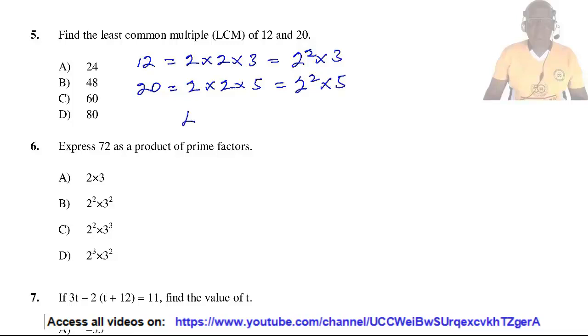Now the LCM. For the prime factor 2, the highest power among the two numbers is 2 squared. For the prime factor 3, the highest power is 3 raised to the power 1. For the prime factor 5, the highest power is 5 raised to the power 1. So 4 times 15 equals 60. So the answer is C.